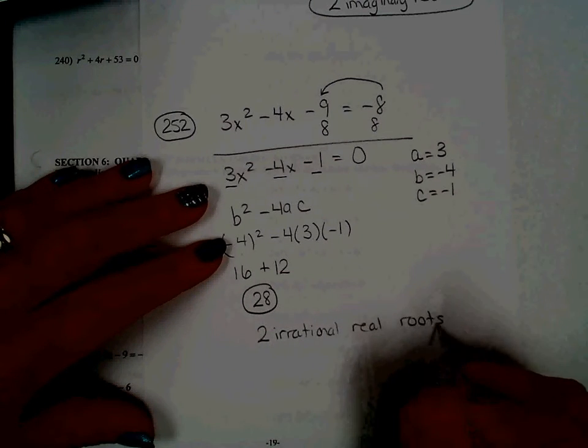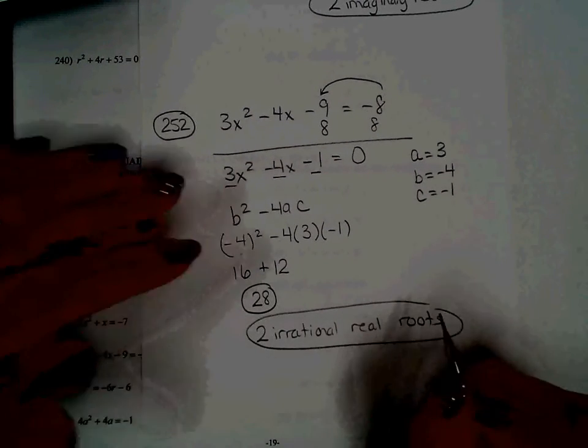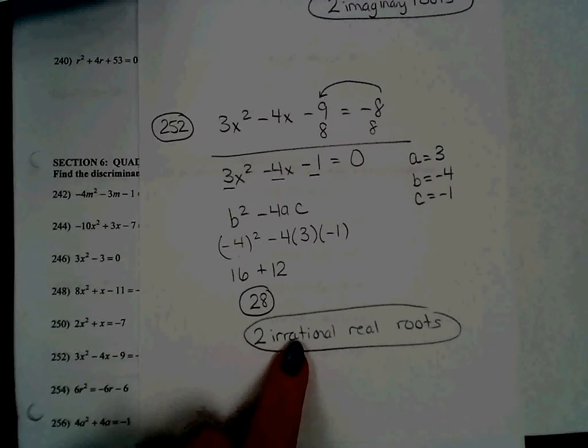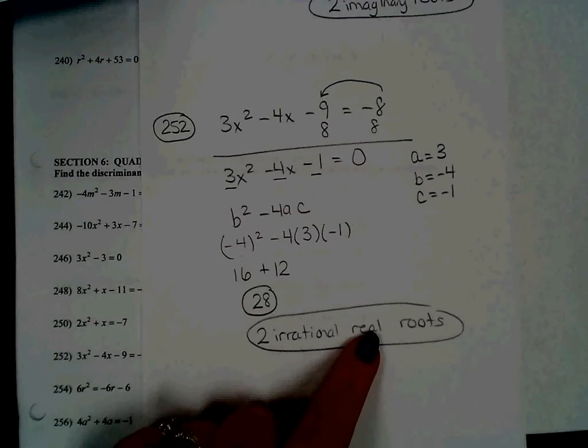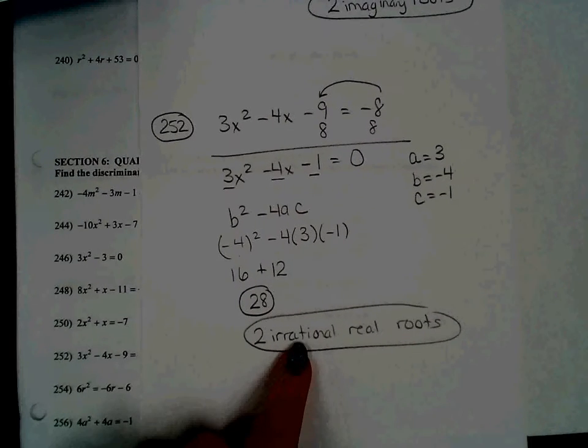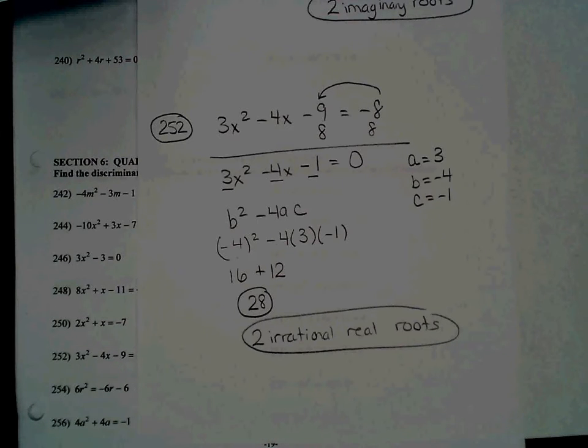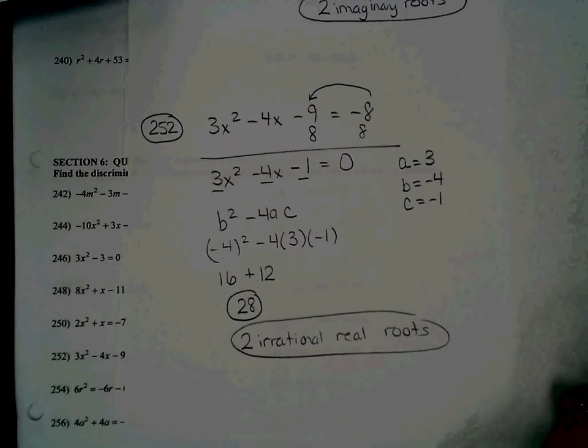Now my software, when it does it, will just say irrational. It expects you to know that irrational is automatically real, but it's going to say irrational roots. 2 irrational roots.